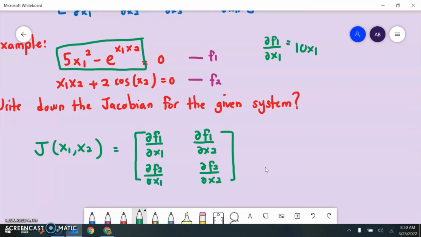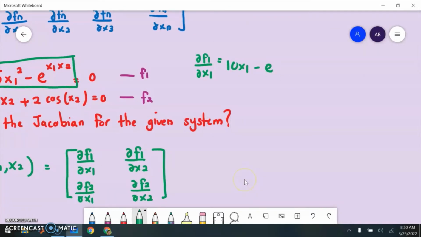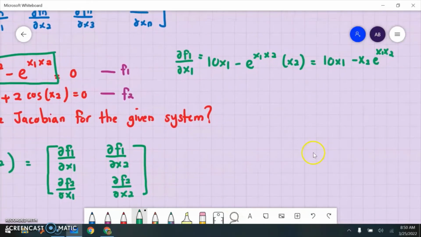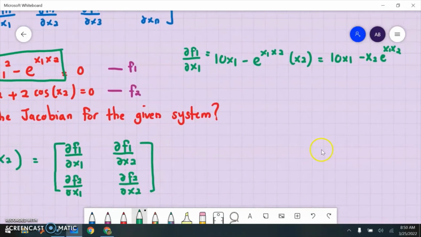Taking the derivative of e to the x1 x2 will give you negative e to the x1 x2, and then taking the derivative of x1 x2 with respect to x1 will give me x2. So I have 10x1 minus x2 e to the x1 x2. This is the derivative of function 1 with respect to x1.